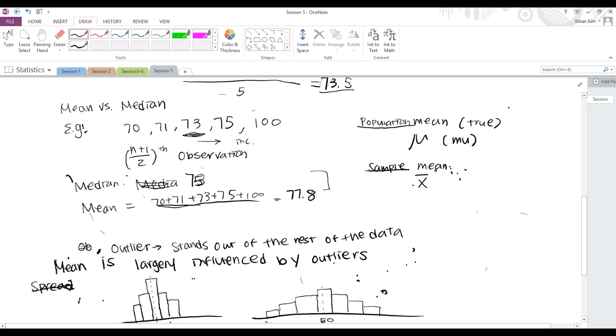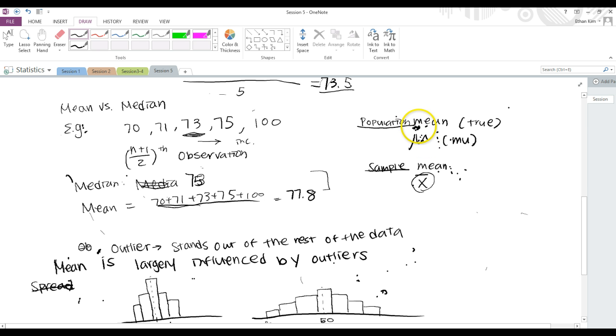So these are the notations, and we will later do a hypothesis test. What are we doing when we collect a sample? We want the sample mean to be as close as possible to the population mean, because what we're interested in is the population instead of the sample.